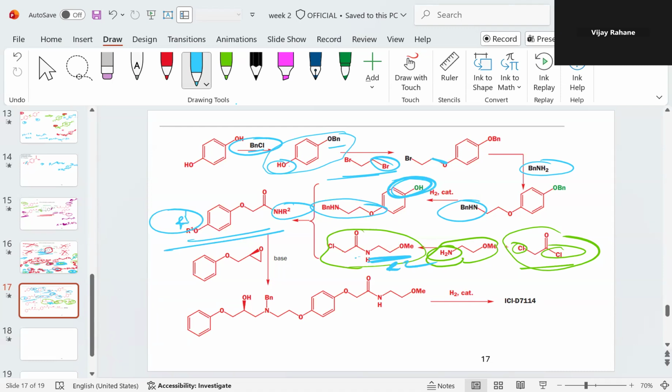And further, if we add this epoxide, in the presence of base, the hydrogen of this NH reacts with the epoxide. I will just elaborate the structure for understanding.